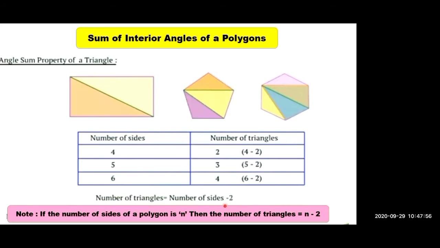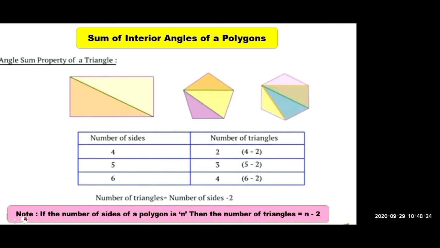This is the formula. Okay, children? And number of sides means n. Minus 2 means n minus 2. So, note that if the number of sides of a polygon is n, then the number of triangles equals to n minus 2.